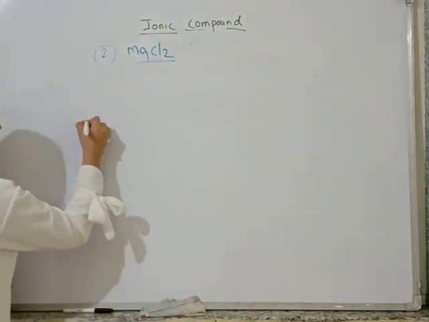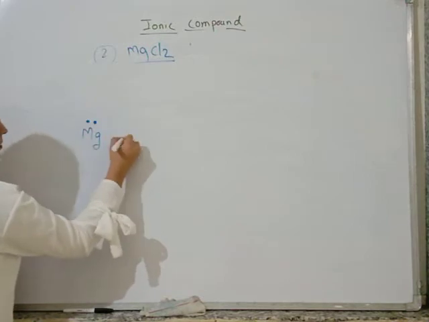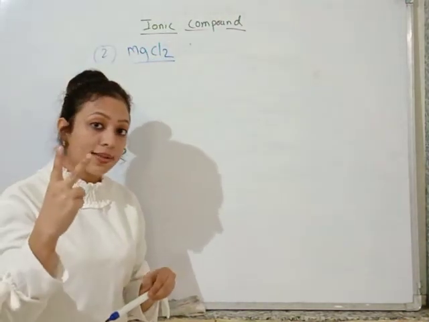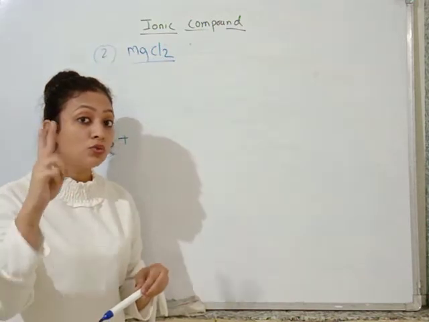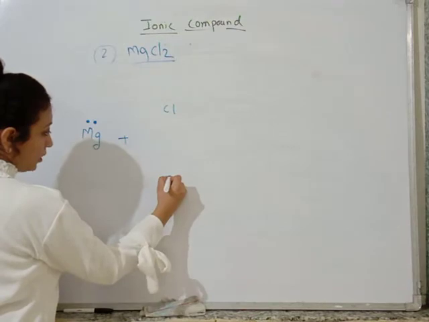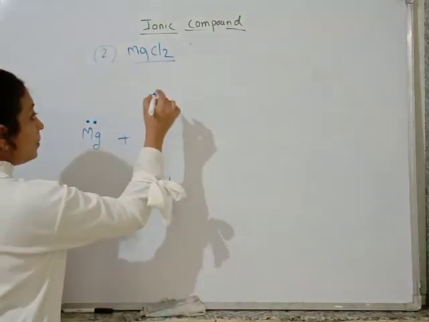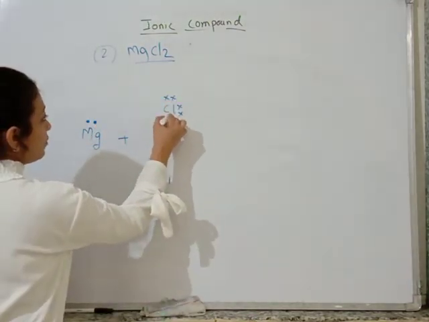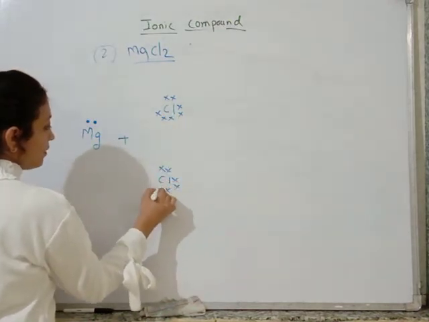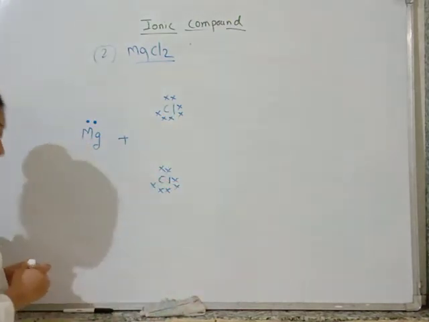So we will write 2 electrons like this. Now how many chlorines are there in the compound? 2 chlorines. So you have to draw 2 chlorines there, chlorine 1 and chlorine 2. Now how many electrons? 1, 2, 3, 4, 5, 6, 7. 1, 2, 3, 4, 5, 6 and 7.